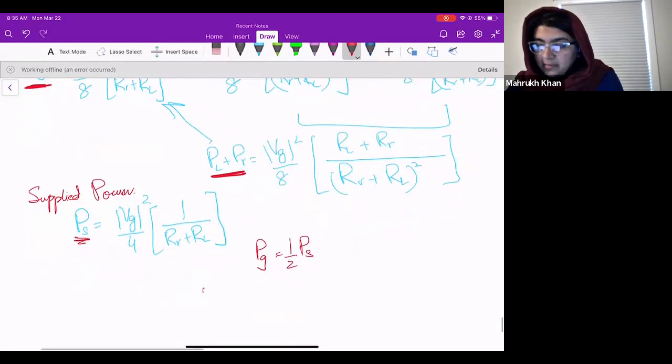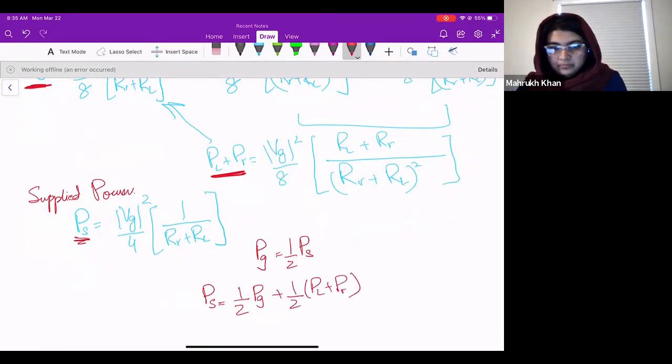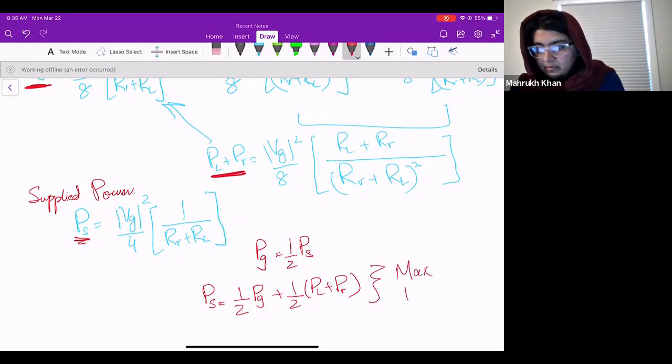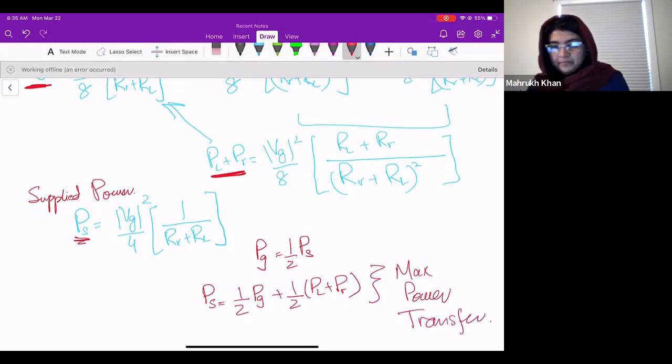So it means that PS is equal to half of PG and half of PL plus PR, right? This is under conjugate matching, of course, or the maximum power transfer. Does this make sense?